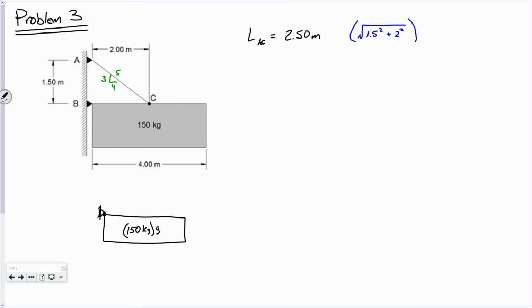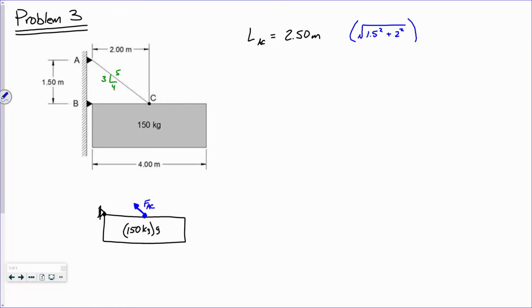Instead of drawing the cable, I'm going to look at the equilibrium of this sign, and say that right here I have a force going like that. Make sense? We'll call this force AC.